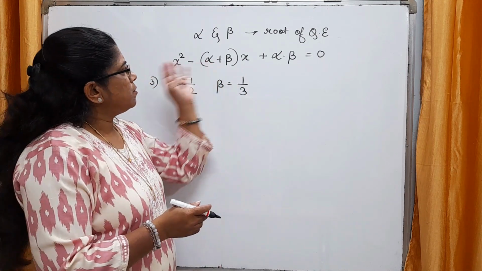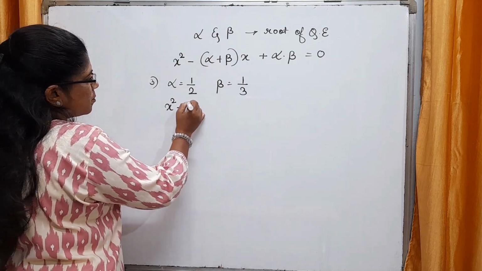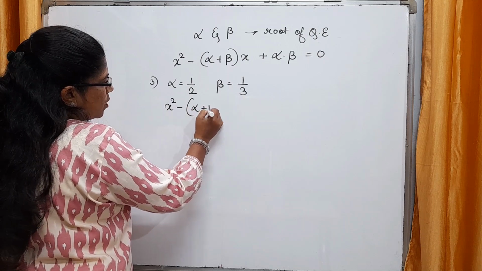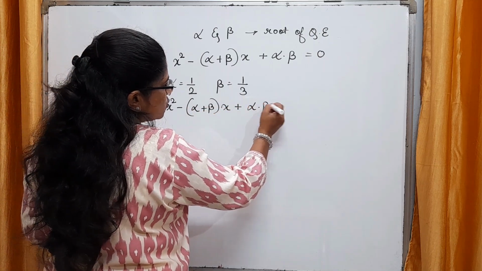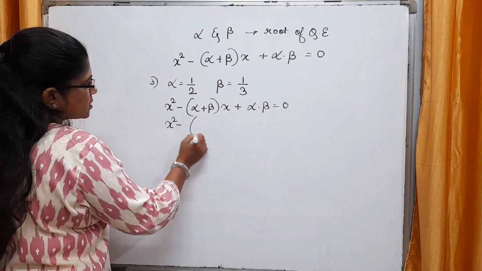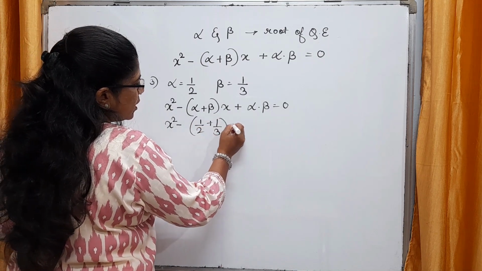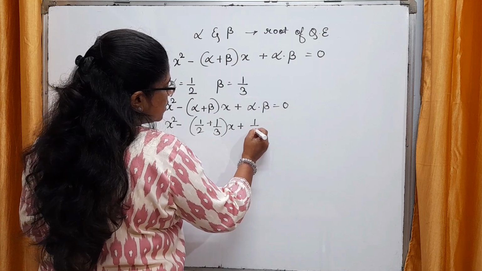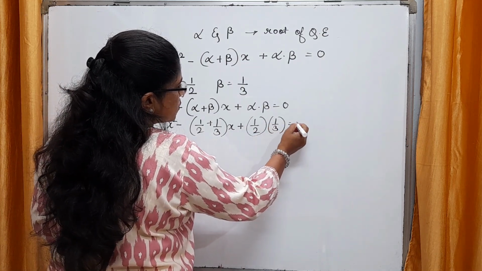Okay. Our rule is the same. Our quadratic equation is x square minus (alpha plus beta) x plus alpha into beta is equal to 0. So here, x square minus (1 upon 2 plus 1 upon 3) x plus 1 upon 2 into 1 upon 3 is equal to 0.